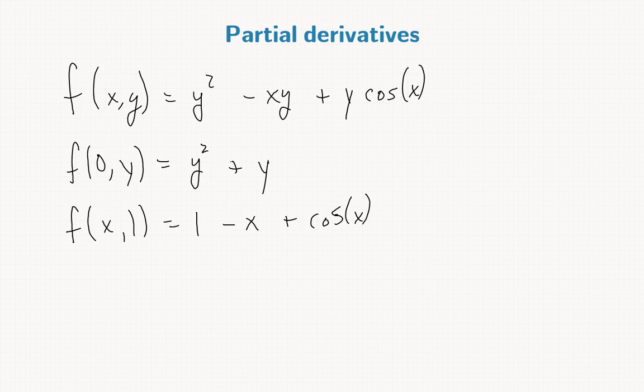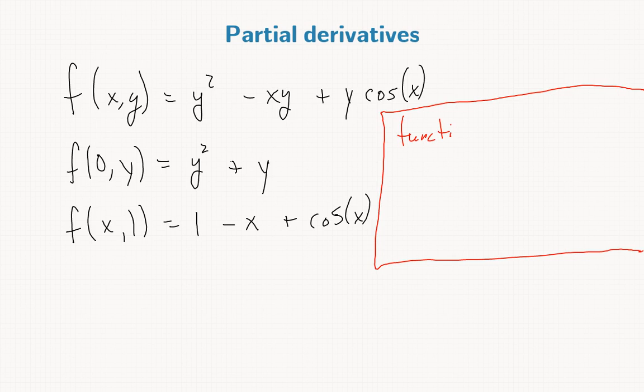So actually there's a couple of different ways of thinking about a function of multiple variables. One is, as we've been saying, a function takes in two numbers and spits out a number.